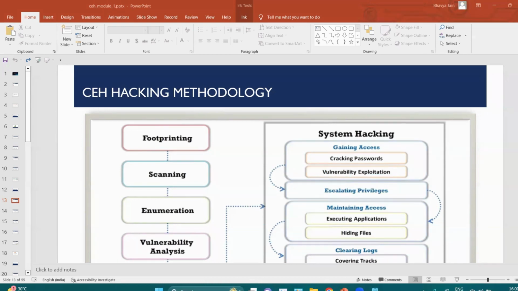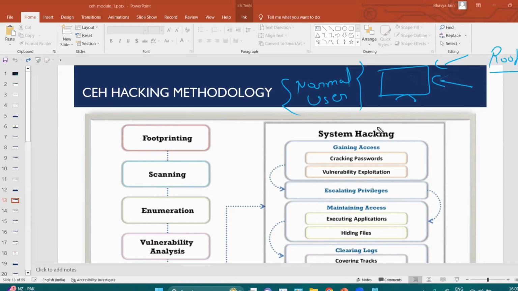Now, this is where you are gaining higher access inside the same system. For example, you have compromised a device and now you have gained access inside the device as a normal user. A normal user can do only a limited number of activities. Now you want a file from this system which can only be opened or accessed by a root user.